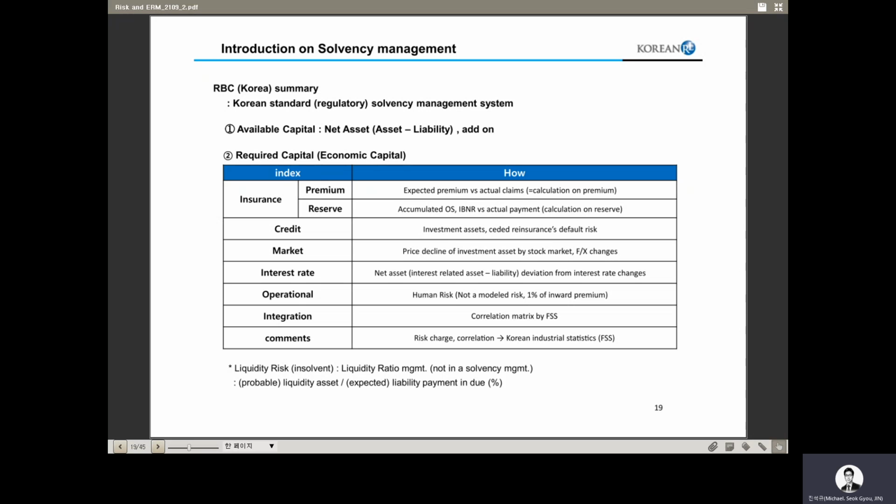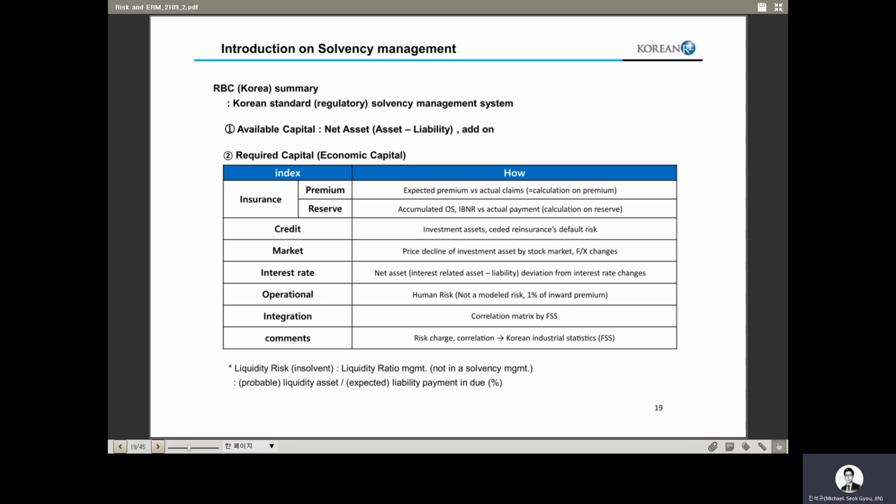For the credit risk, it's investment asset and ceded reinsurance default risk. For the market risk, it calculates the price decline of investment assets caused by stock market and foreign exchange rate changes. For the interest rate risk, it measures net asset deviation from interest rate changes. Net asset means interest-related asset minus interest-related liability.